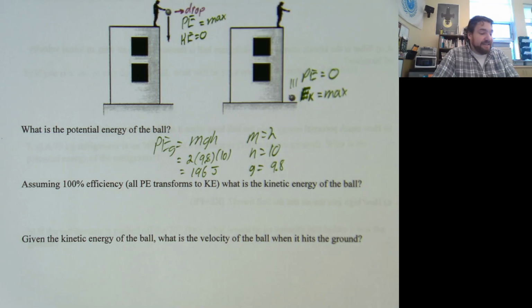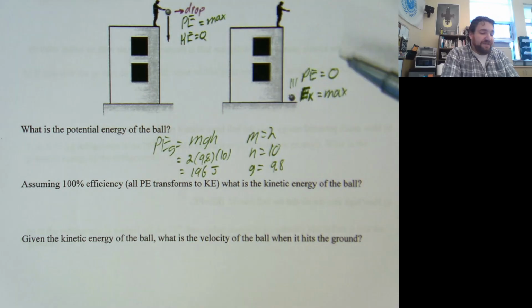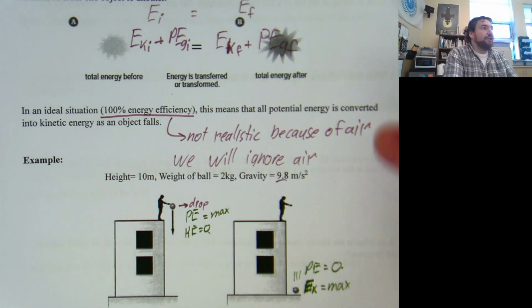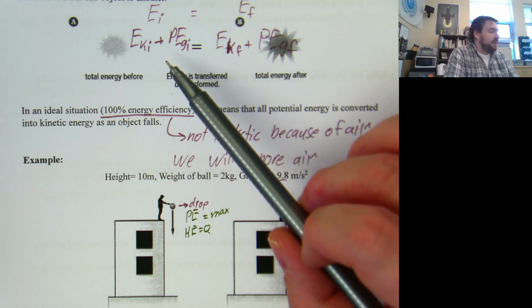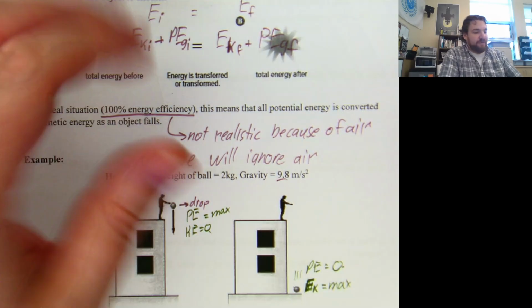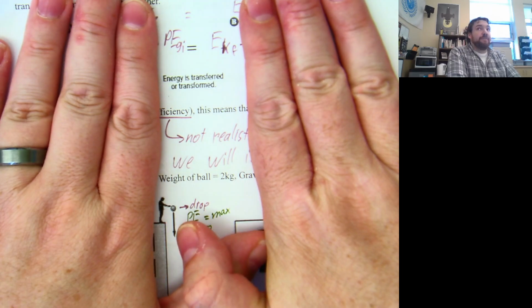Now, we have already said that the potential energy here is a maximum and the kinetic energy is 0. We've said that the potential energy is 0 at the bottom, and so the kinetic energy has to be a maximum. We also said that energy is not being lost. All of one form of energy has to turn into the other form of energy. There was no kinetic to start, there's no gravitational at the end.